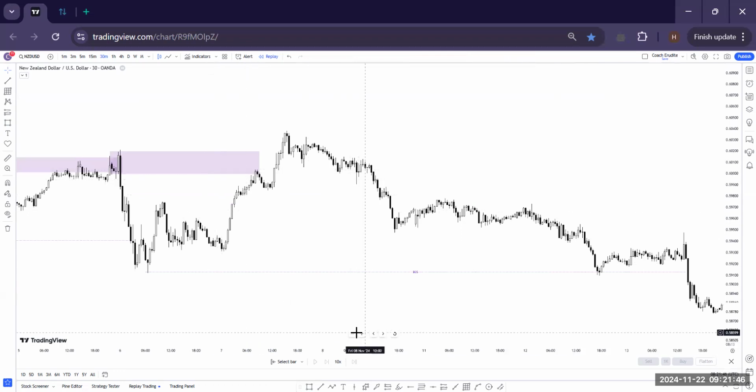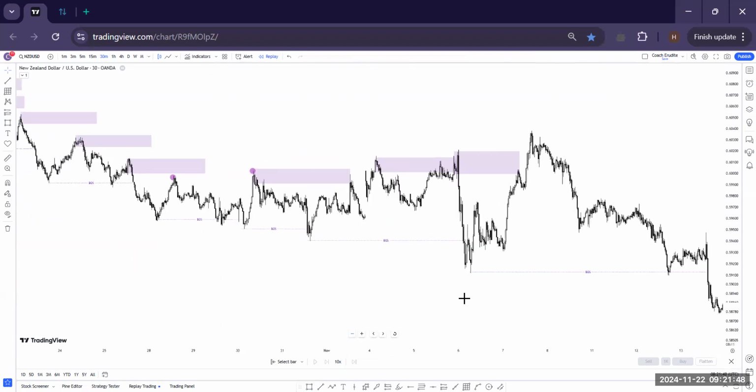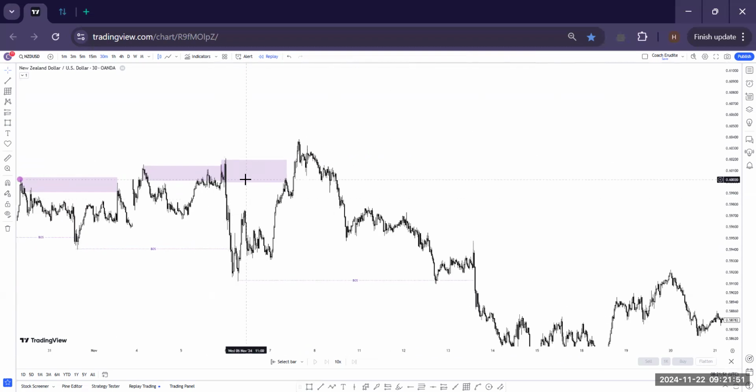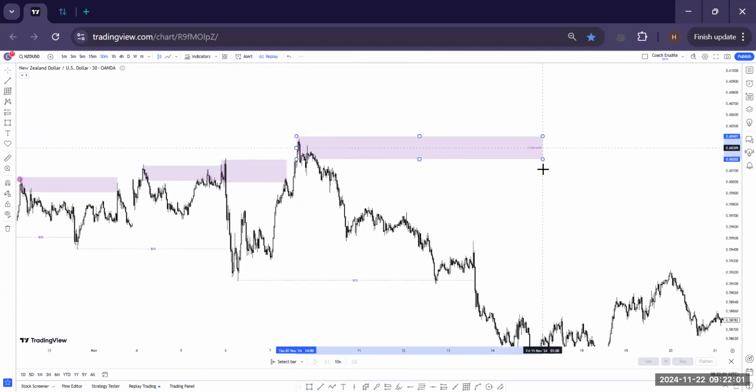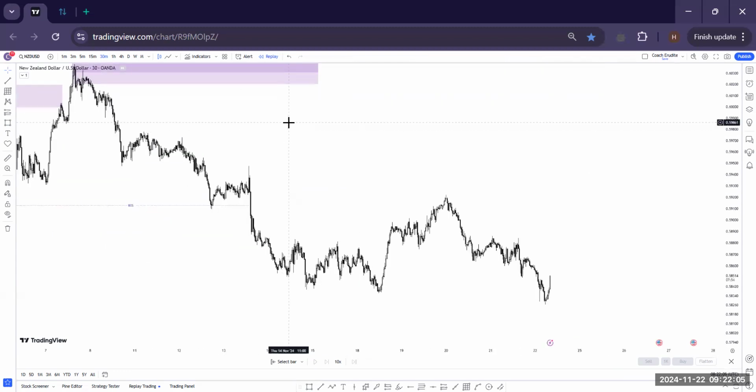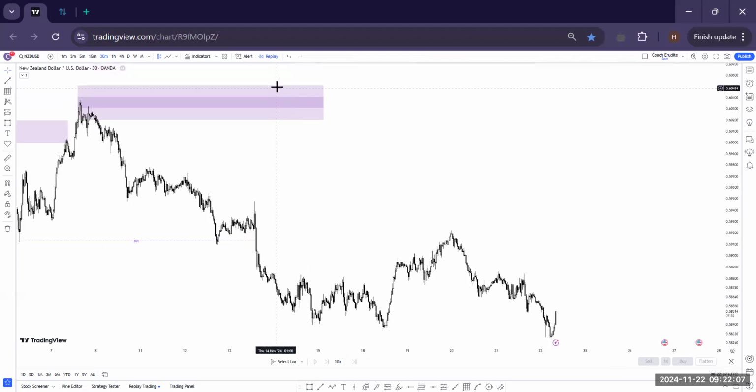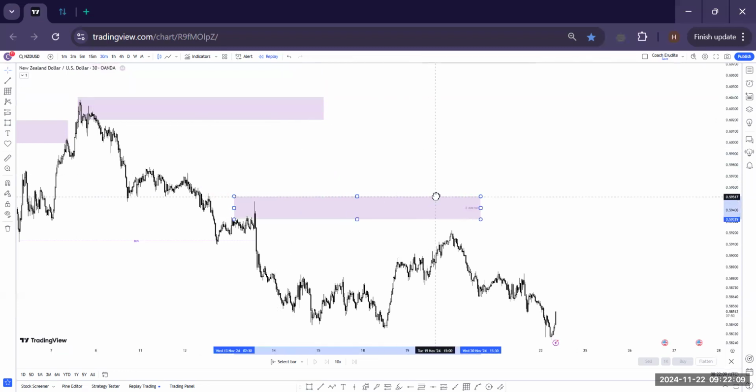Price is still breaking structure to the downward direction. So we're going to be building on this NZD USD.